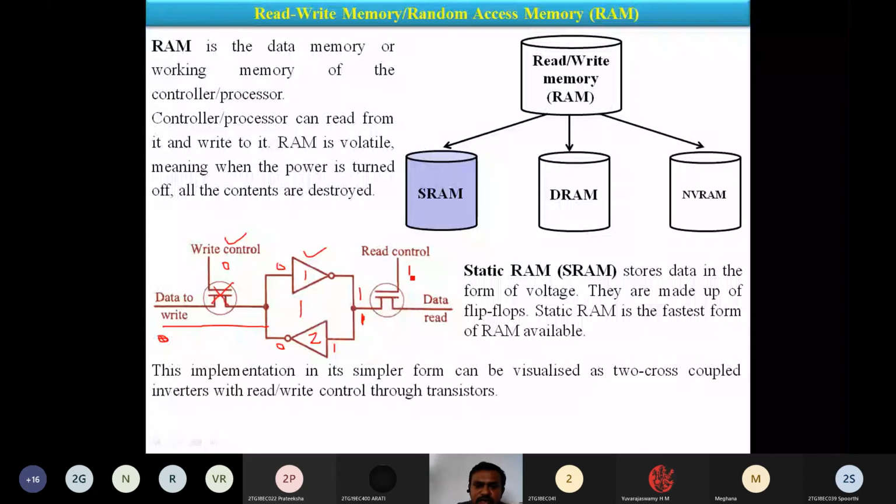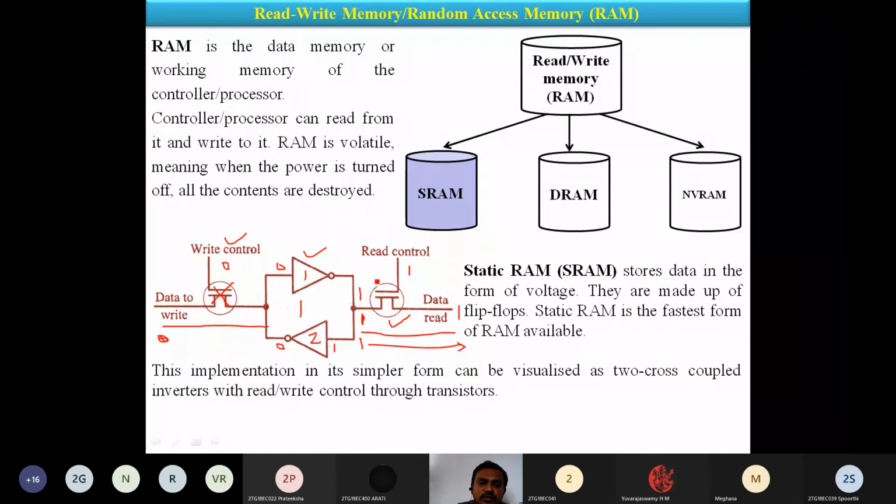Once you make the read control on, the transistor at the data read side is on and acts as a closed circuit. Whatever data is in the flip-flop flows to the data read line. So what data is read? The value is 1.